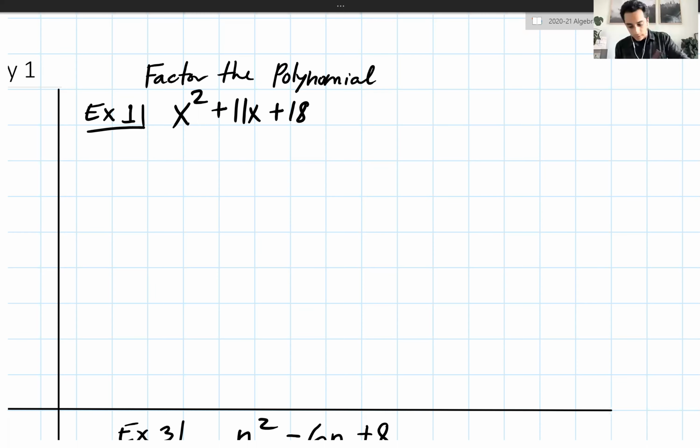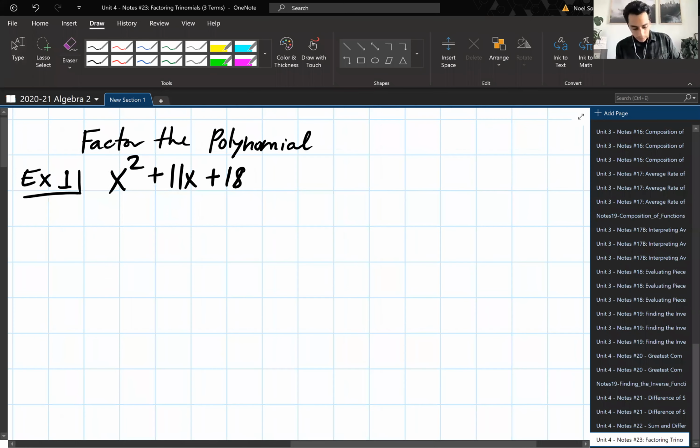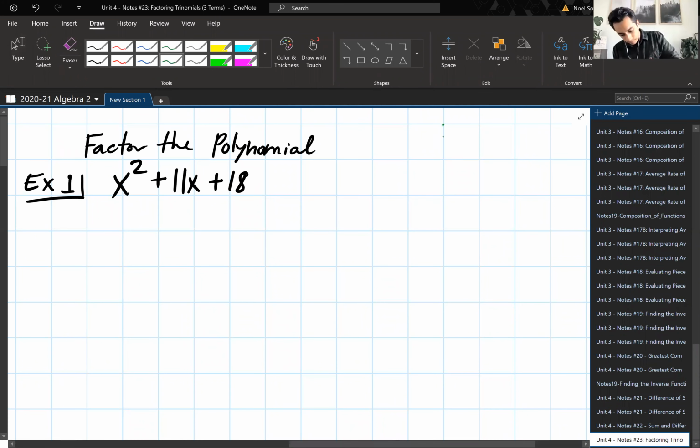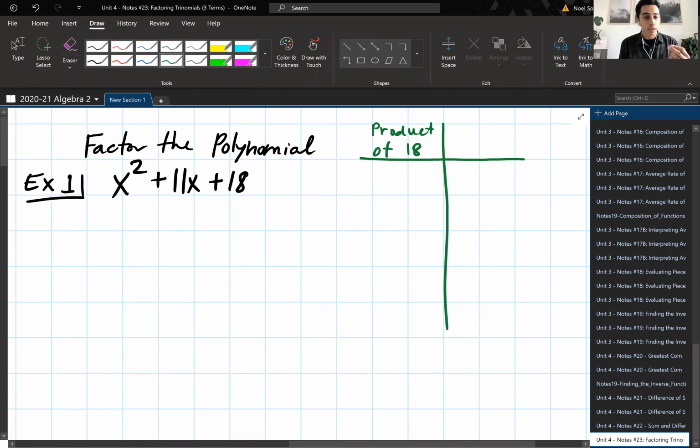So what I like to do is create a little T table, where I need to satisfy several requirements. I need two numbers that will give me a product of 18, but will sum to 11, right?